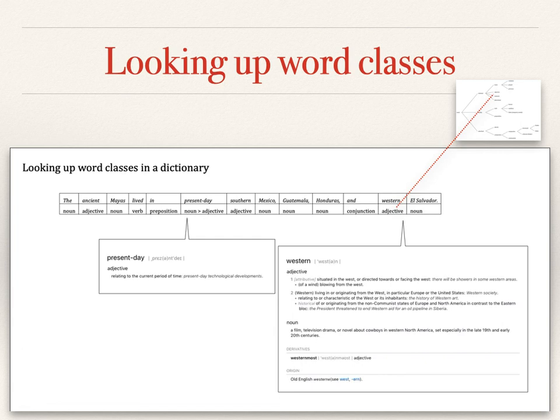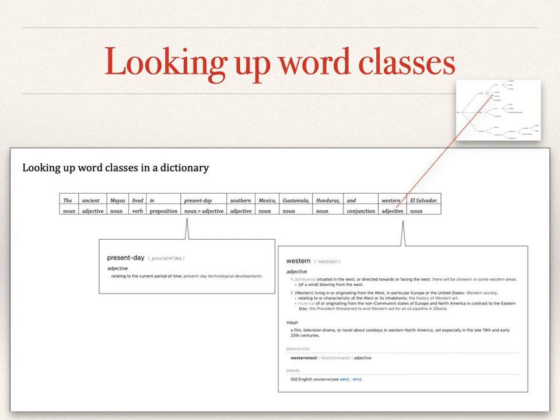And similarly here with Western, you look it up in a dictionary and you'll get something like this. Adjective, two different senses: situated in the West, or directed towards or facing West. There will be showers in some Western areas. Well, that seems to match Western El Salvador.